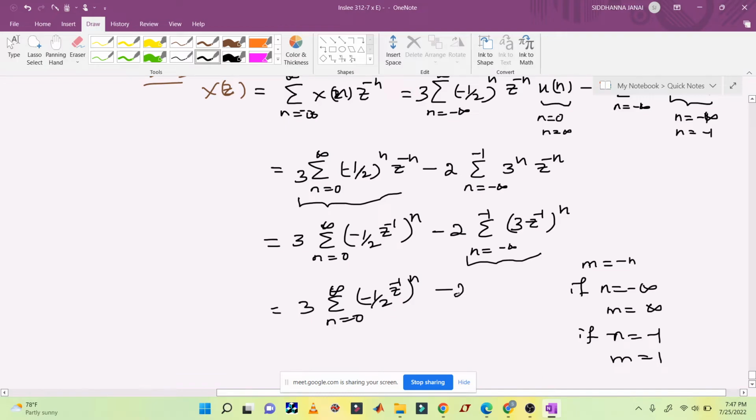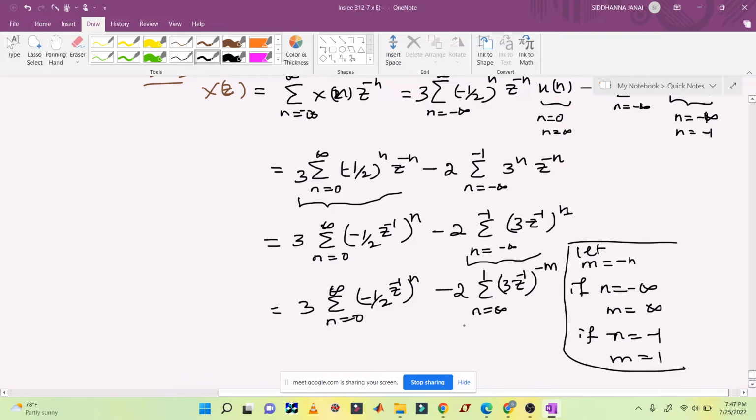So already we have solved this kind of problems. Let m is equal to minus n. If you do that, then it will be m is equal to infinity to 1, and (3 z inverse) to the power minus m, because n is replaced by minus m.